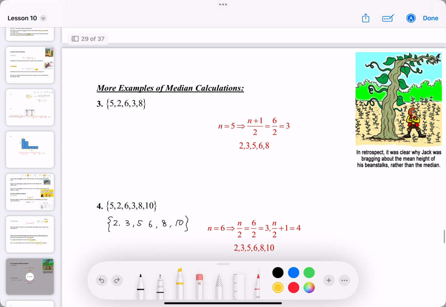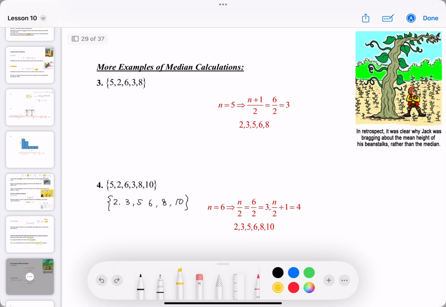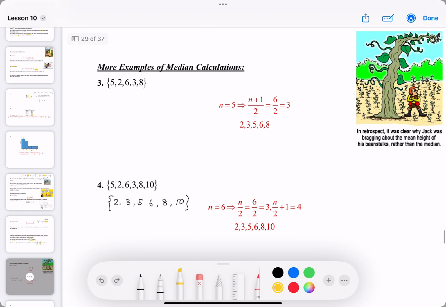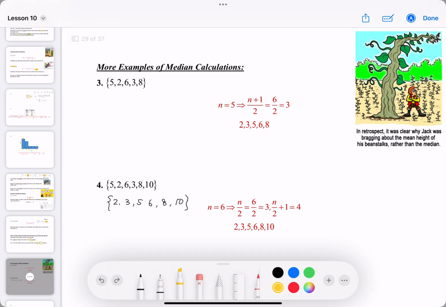For example, if I have more values in the set, but not too many. We have 5 values. If I reorder them, we have 2, 3, 5, 6, 8. Without using the formula, this set has 5 values, which is an odd number. The middle one is my median. We call 5 our median.